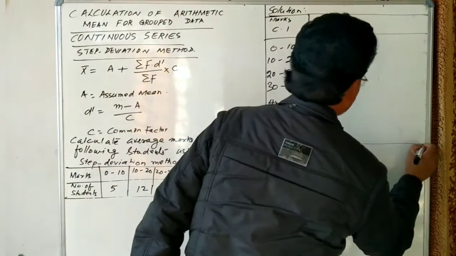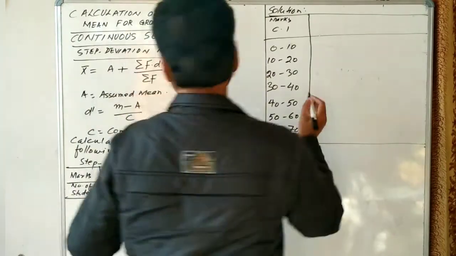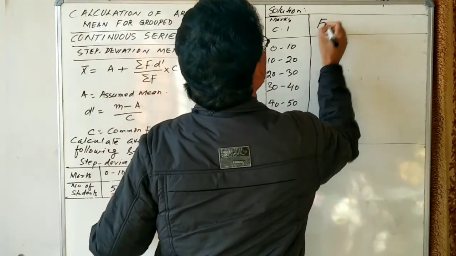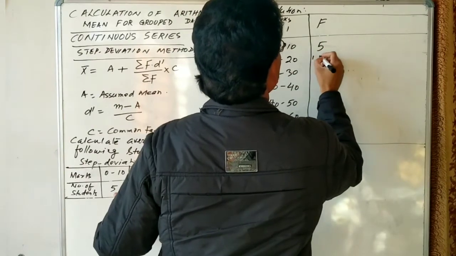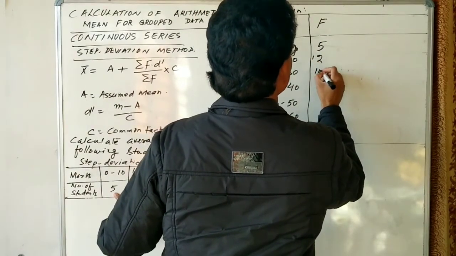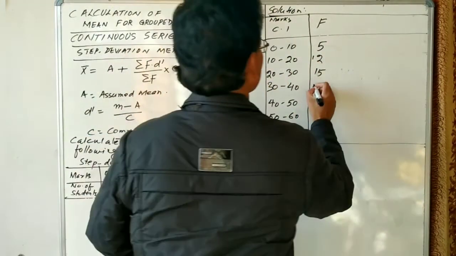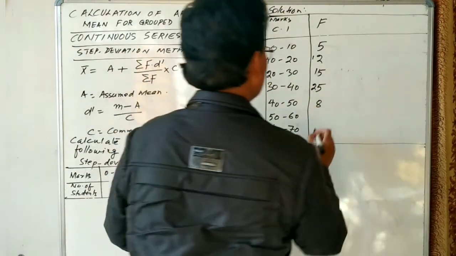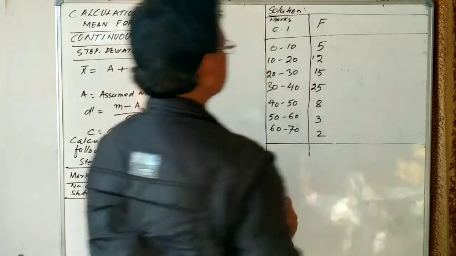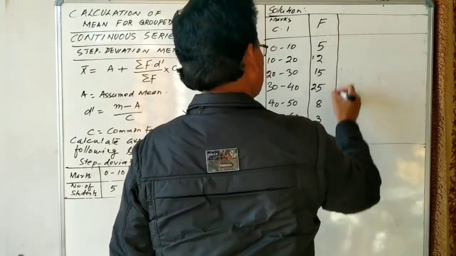Frequency is given: 5, 12, 15, 25, then 8, then 3, then 2. Frequency means number of students.